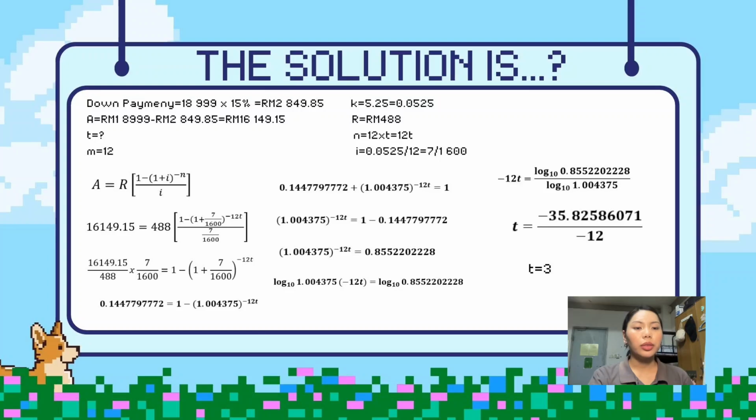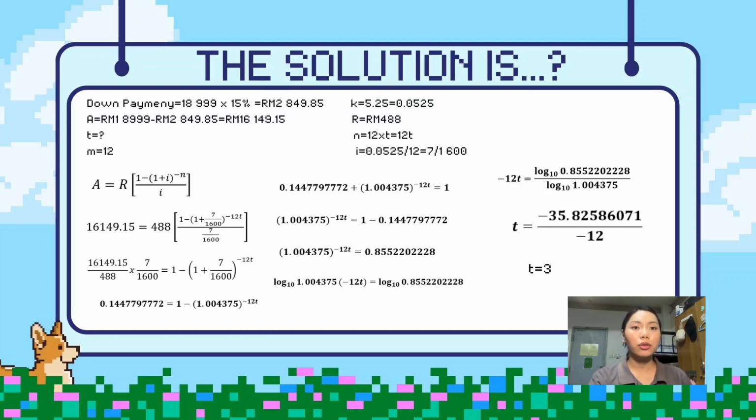Down payment is 18,999 times 15%, which equals 2,849 ringgit and 85 cents. And A is 18,999 ringgit minus 2,849 ringgit and 85 cents, which equals 16,149 ringgit and 15 cents.